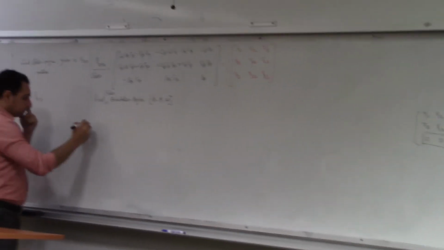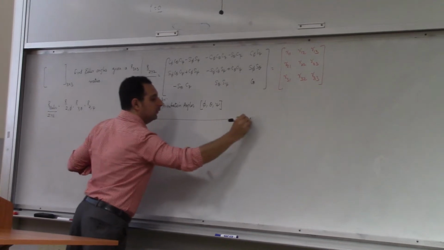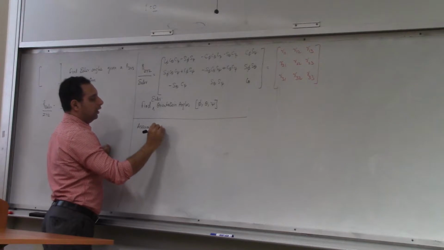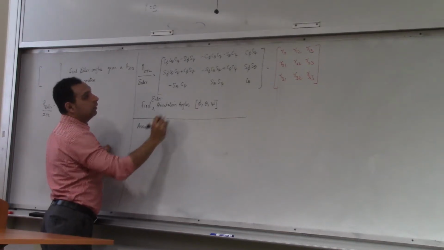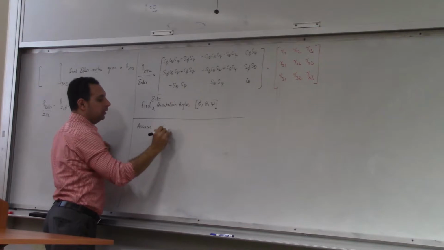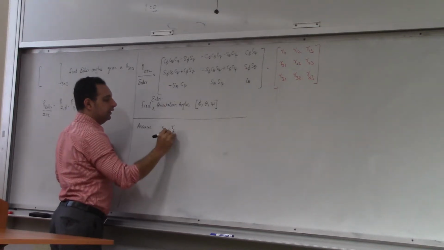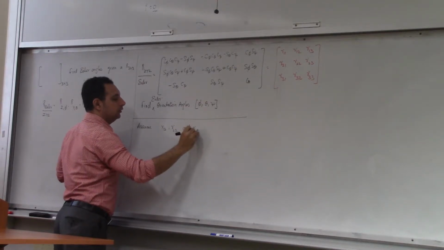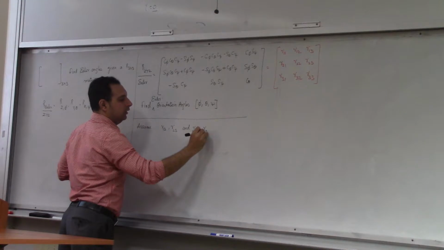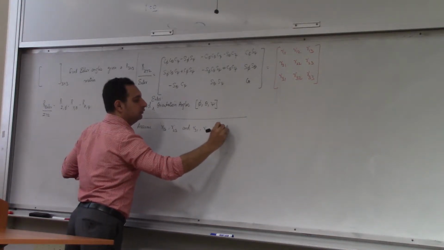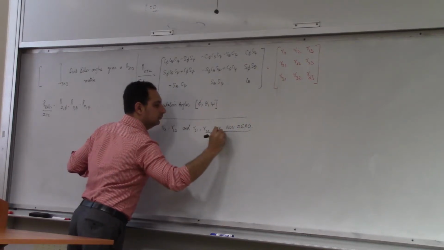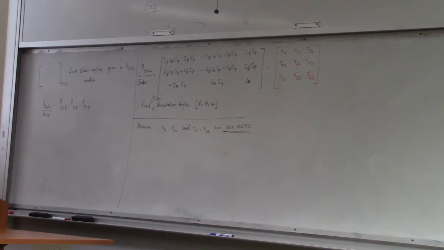So assume R13, R23, and these two, R31, R32 are non-zero. All right? These are non-zero.